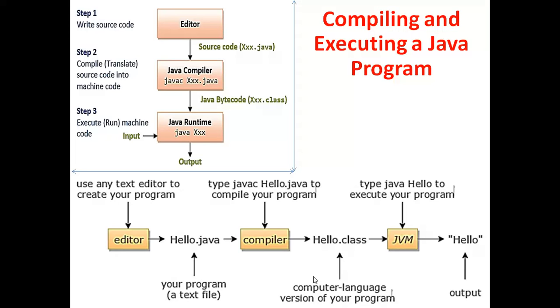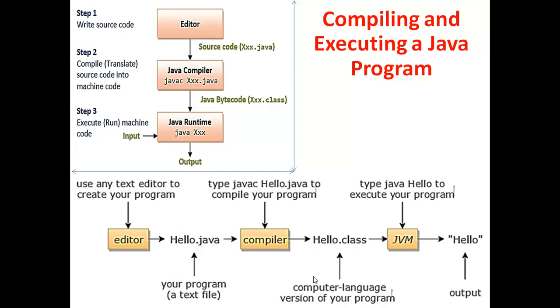In step 1, we write the source code, that is the program is written in the editor and saved by any name, but it should have a .java extension.